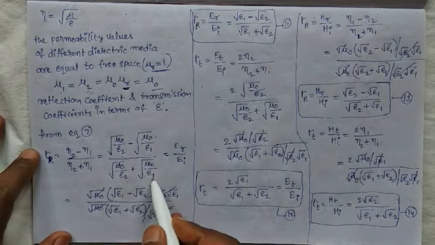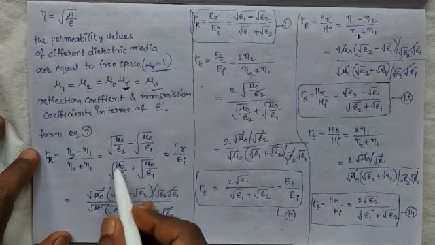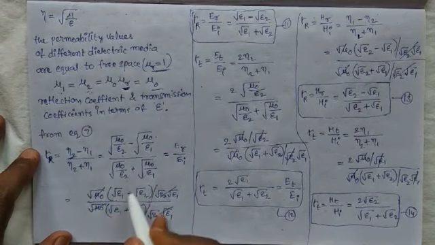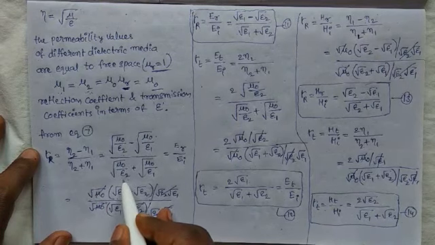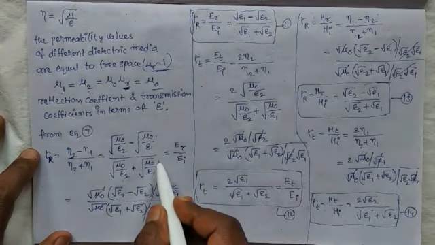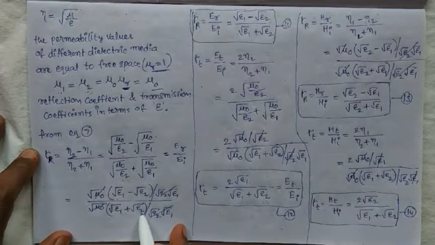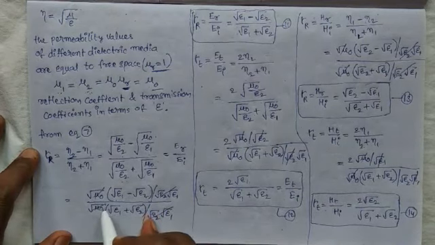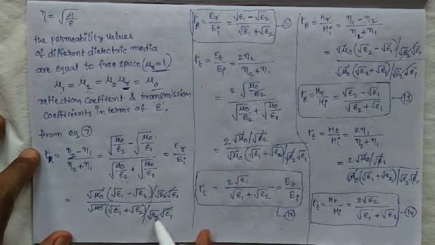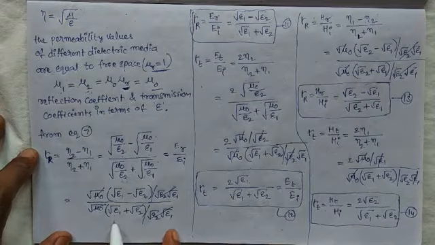Root epsilon 1 is multiplied with one term and root epsilon 2 with the other, with a plus sign. Here root mu naught gets cancelled, and root epsilon 2 root epsilon 1 gets cancelled. What is the remaining term?